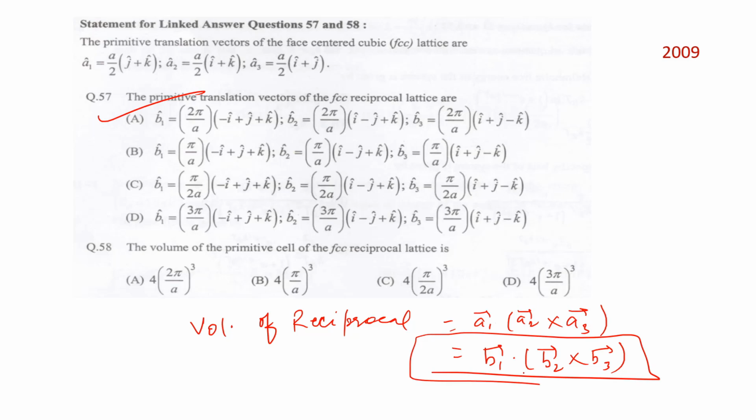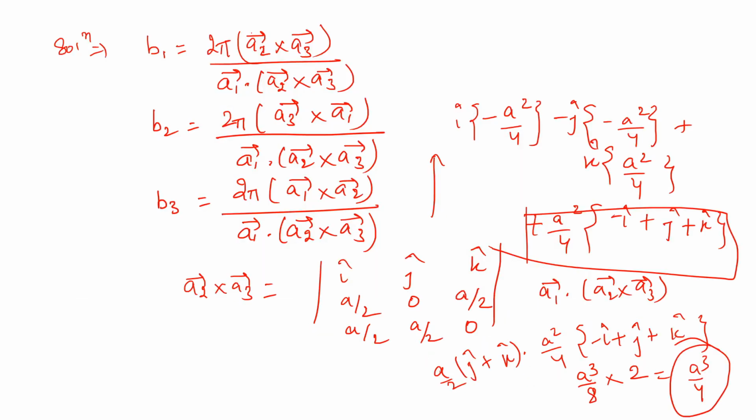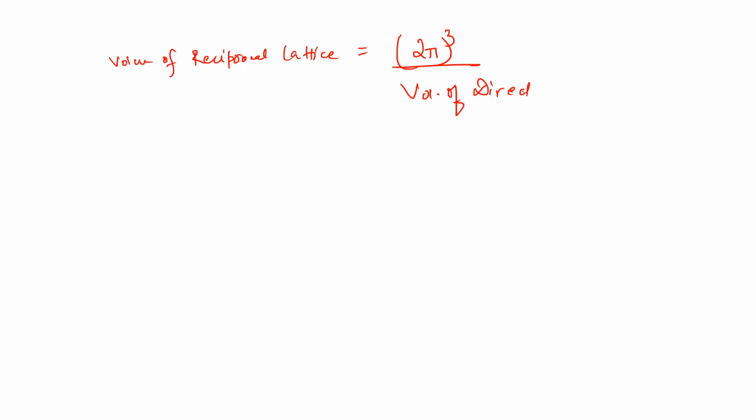Either you can do it this way, or there is another way, which is: the volume of the reciprocal lattice is equal to 2 pi whole cube over the volume of the direct crystal lattice.